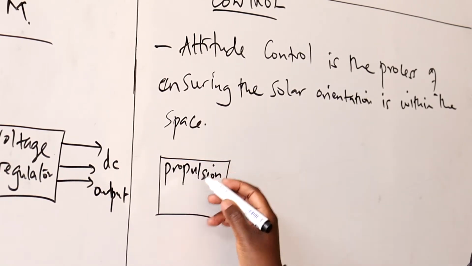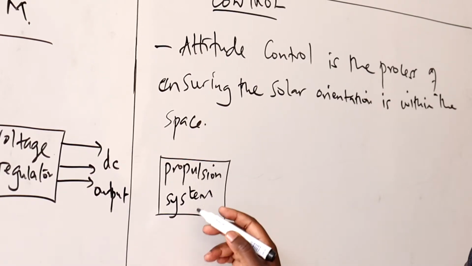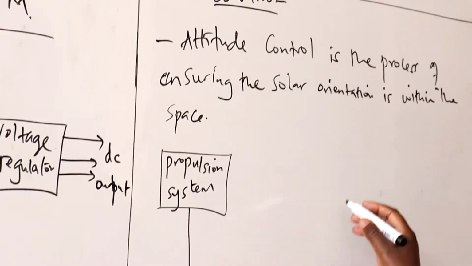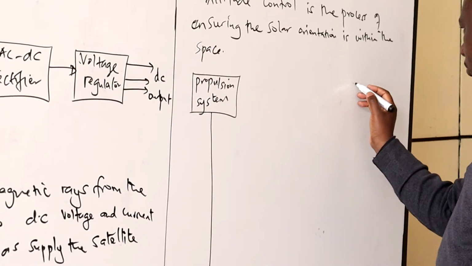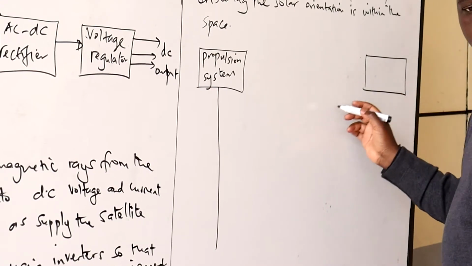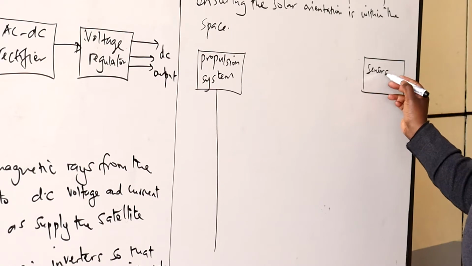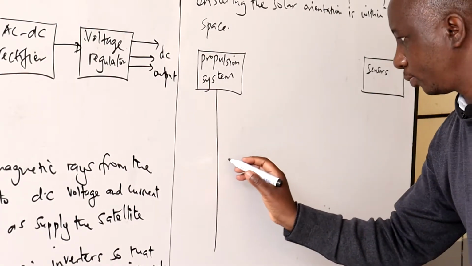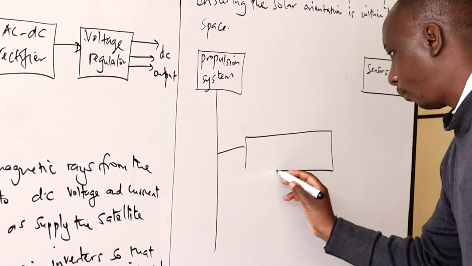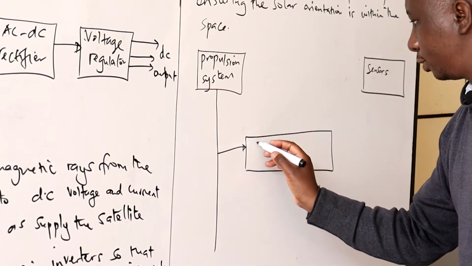This can be propulsion system. This can be sensors. This is attitude control.